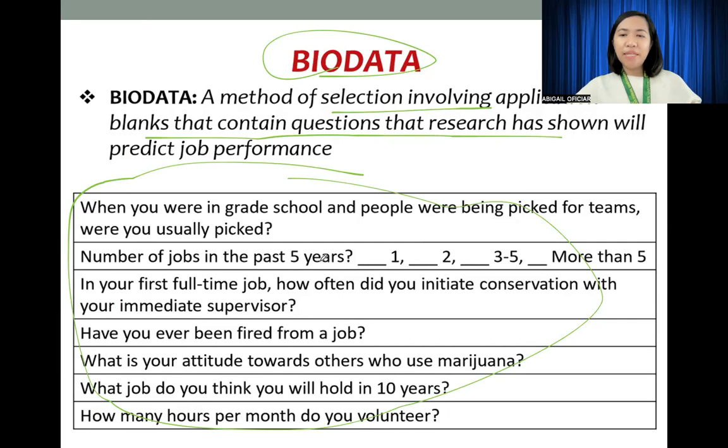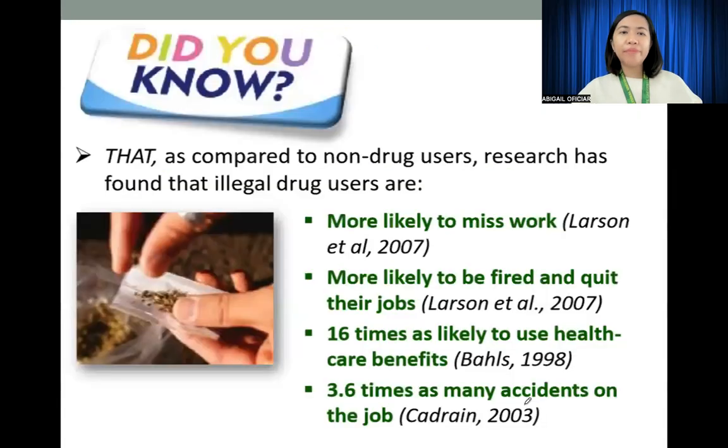Number of jobs in the last 5 years. In your first full-time job, how often did you initiate conversation with your immediate supervisor? Have you ever been fired from a job? And the rest. So, ito yung mga pwede natin include sa biodata. Nakita natin na based on research, they predict job performance.